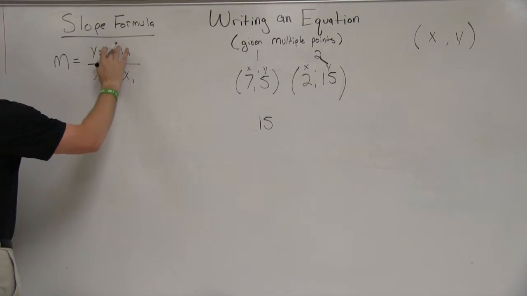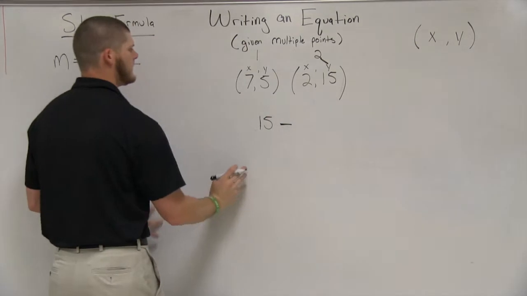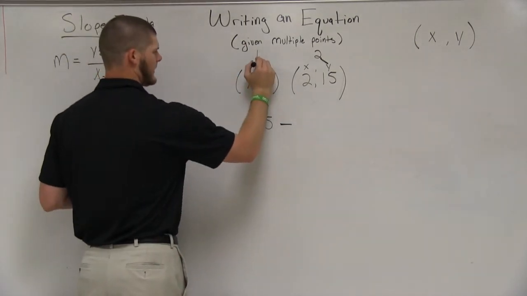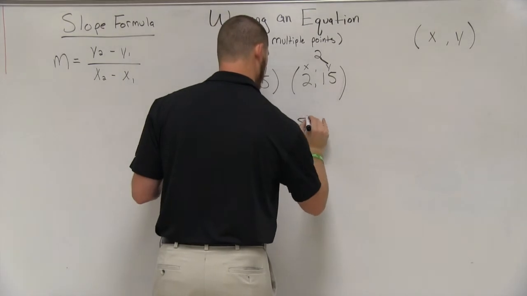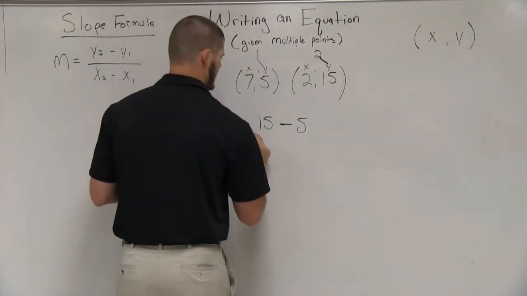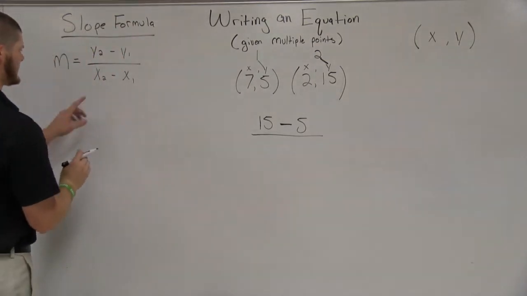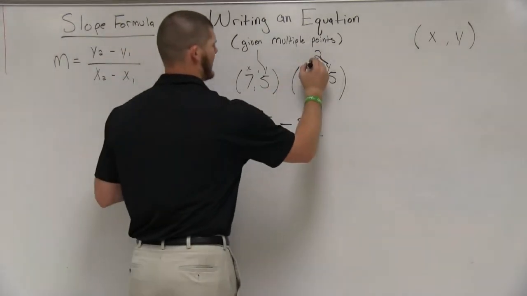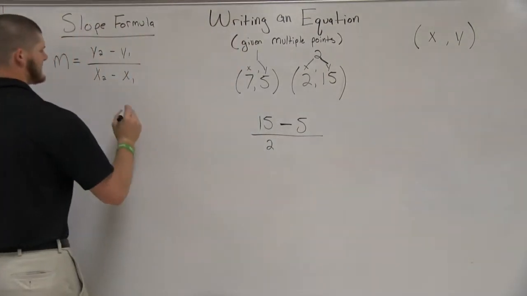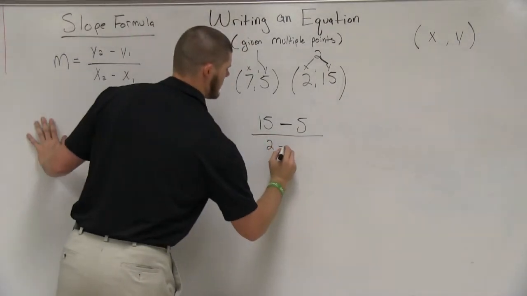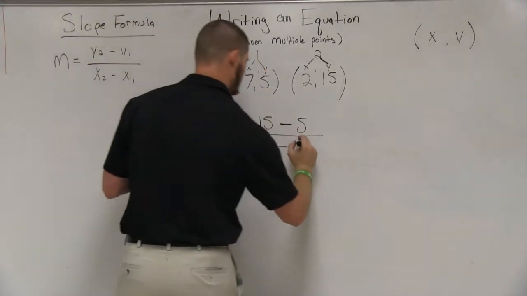We're going to subtract every time, following the equation, y1, so the y value in our first point, which is 5. Then we have our division sign, and we say x2, the x value in our second point, which is 2, minus our x1, the x value in our first point, 7.